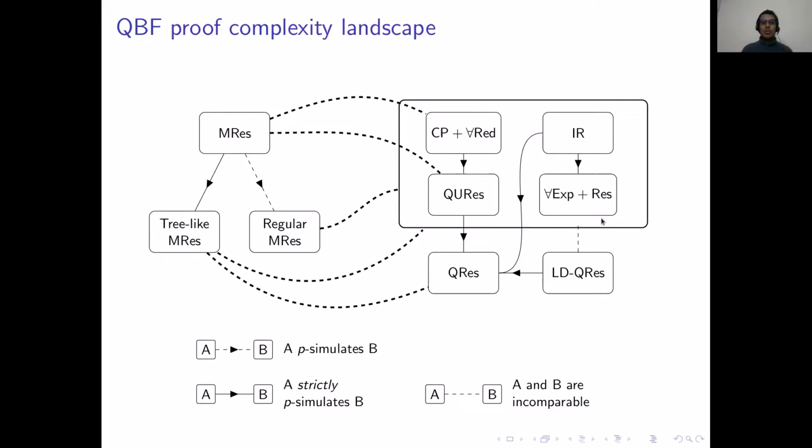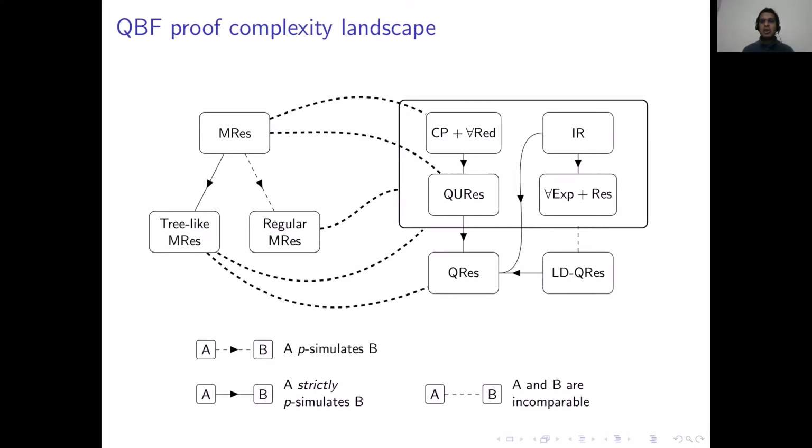Before I proceed, I want to mention something. In QBF proof complexity, we are interested in lower bounds using genuine QBF formulas. We are not interested in propositional hardness. Since for propositional formulas all these systems reduce to resolution, if some propositional formula is hard for resolution, the same formula would be hard for all these systems also.